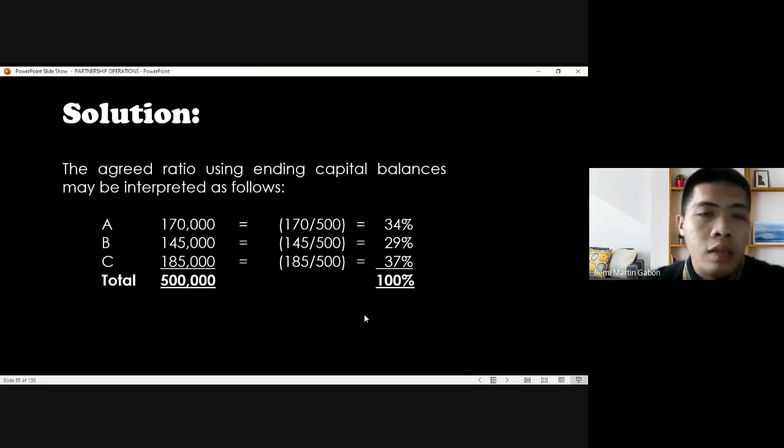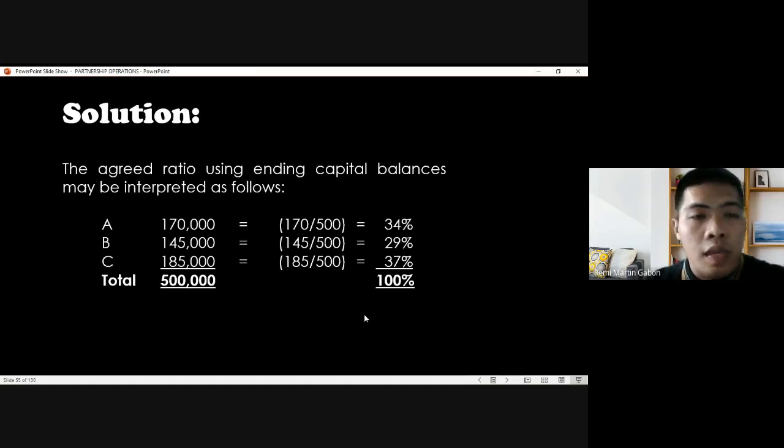Or you can round it off to the nearest whole percentage.